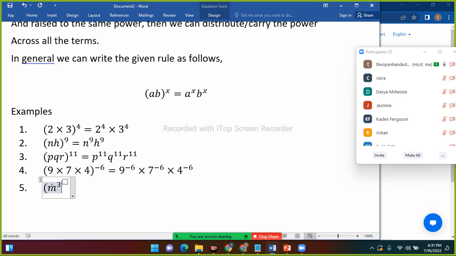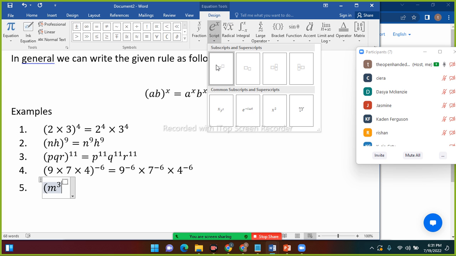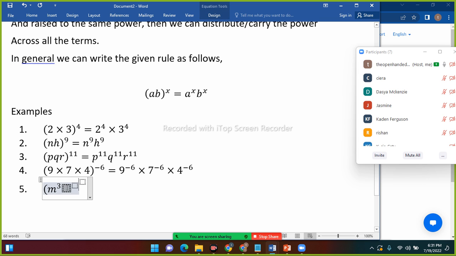And say we have q to the power of 5. And let's cover that and say all that is raised to the power of 4.